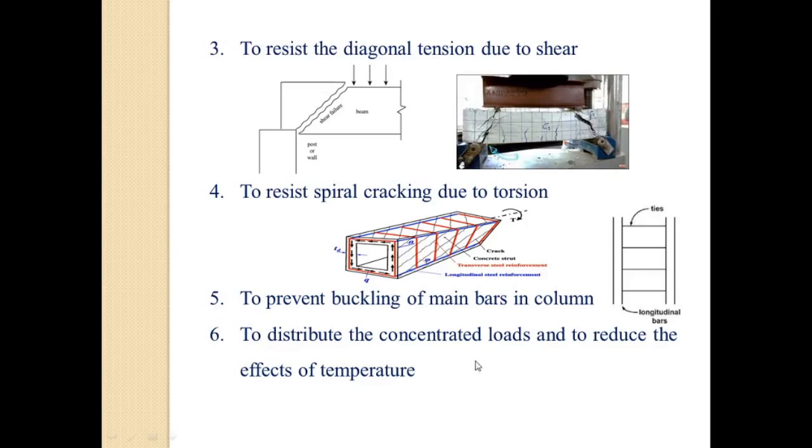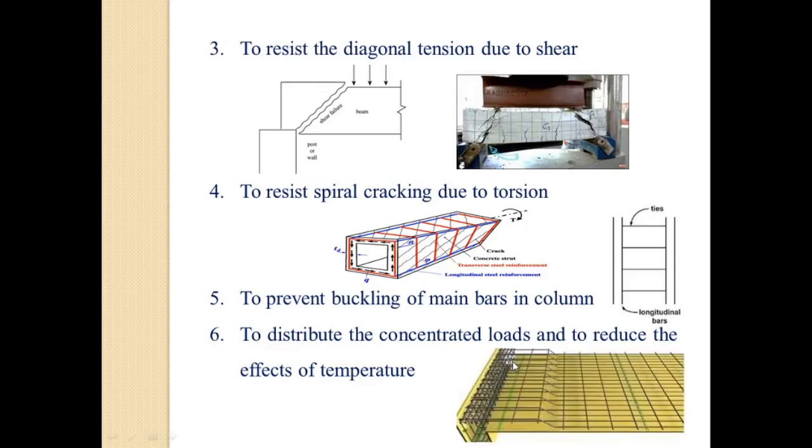Next is to distribute the concentrated load and reduce the effect of temperature, provided in the form of distribution steel. The function of this distribution steel is to distribute the concentrated load, reduce the effect of temperature and shrinkage, and hold main bars in position.